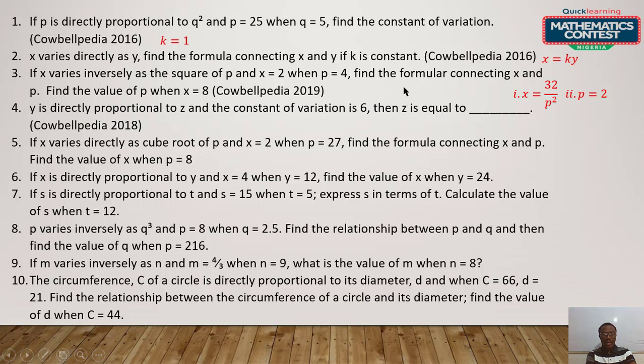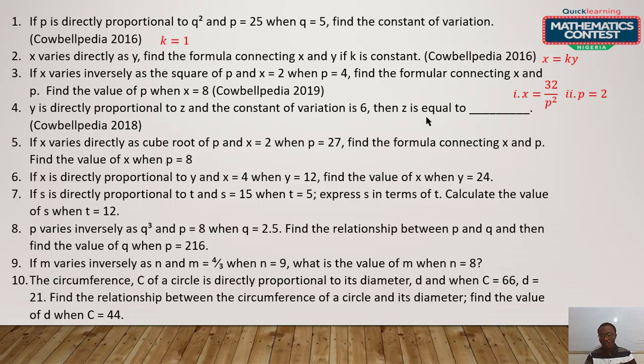To get our k, it's 16 times 2, which is 32. So x equals 32 over p squared. This is the relationship. To get the value of p when x is 8, this becomes 32 over p squared equals x, and x is 8. 32 divided by 8 is 4. Then this is p squared, take note of that. The square root of 4 is 2, so p is 2. If you get that again, thumbs up for you.